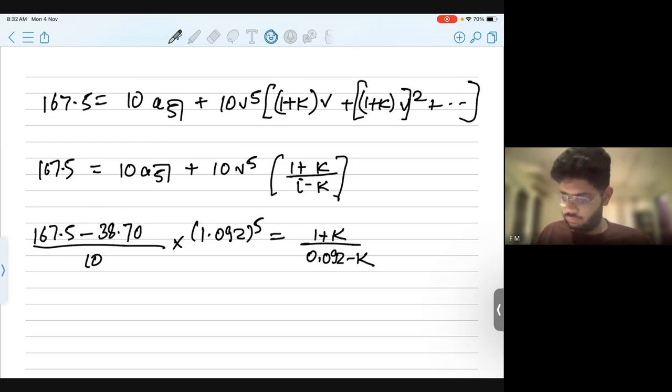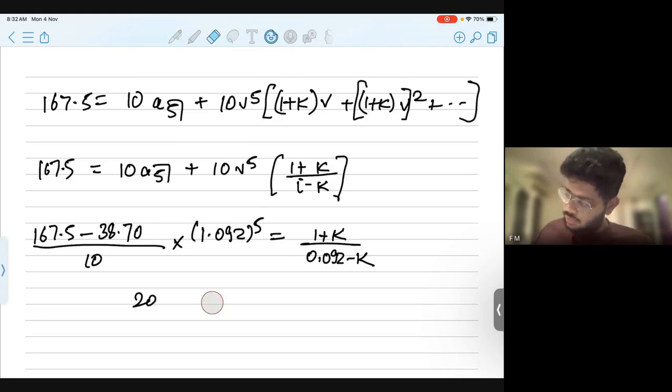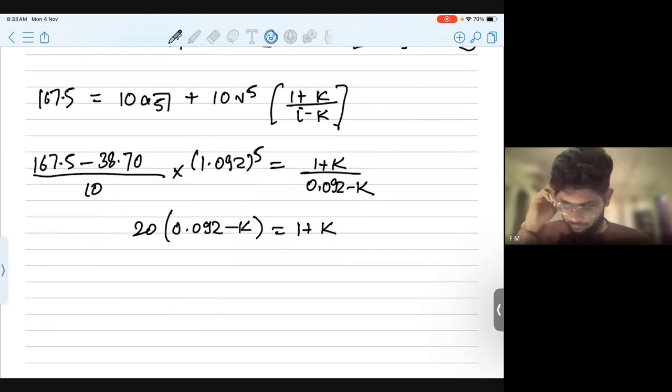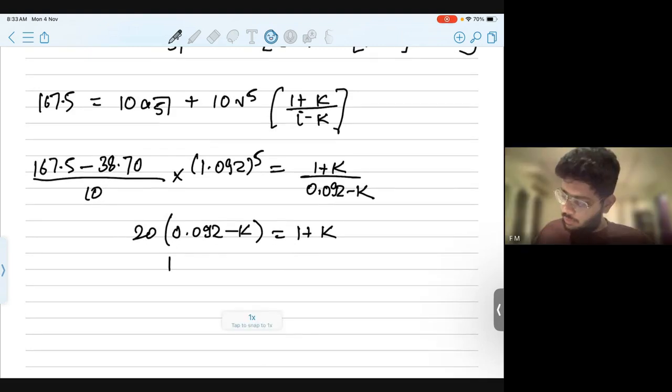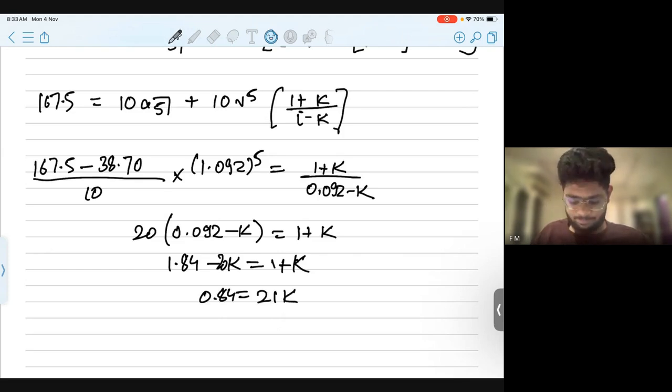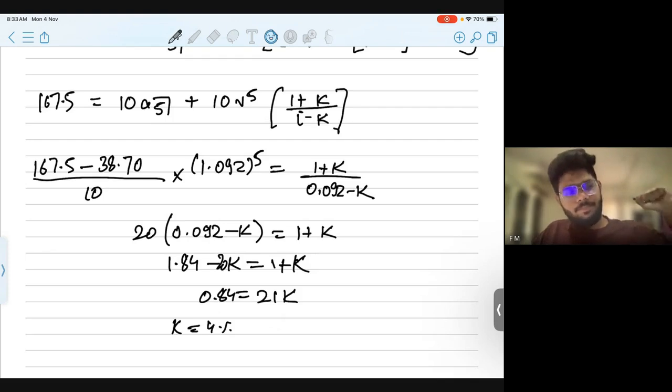This takes 1.6, twenty is equal to... 20 into (0.092 minus k) is equal to 1 plus k. 1.84 minus 20k is equal to 1 plus k. 0.84 is equal to 21k. k is 4%, yeah. So A. All right.